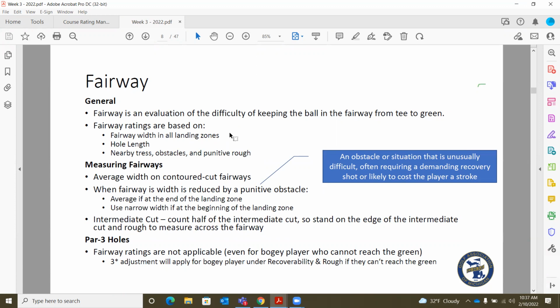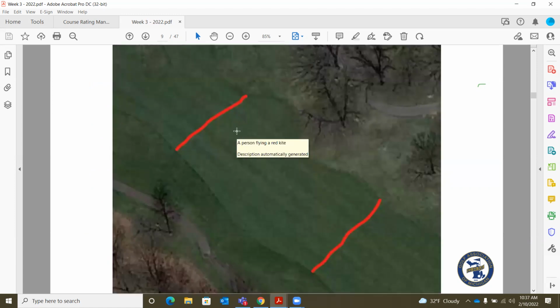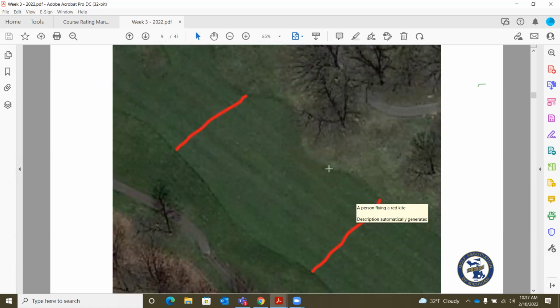And so when we are measuring fairways, if we do have contour cut fairways, which is what this picture is, we have shapes and it's not perfectly straight, we're just going to take the average of those areas. So here, obviously, it's a little bit wider than it is here.